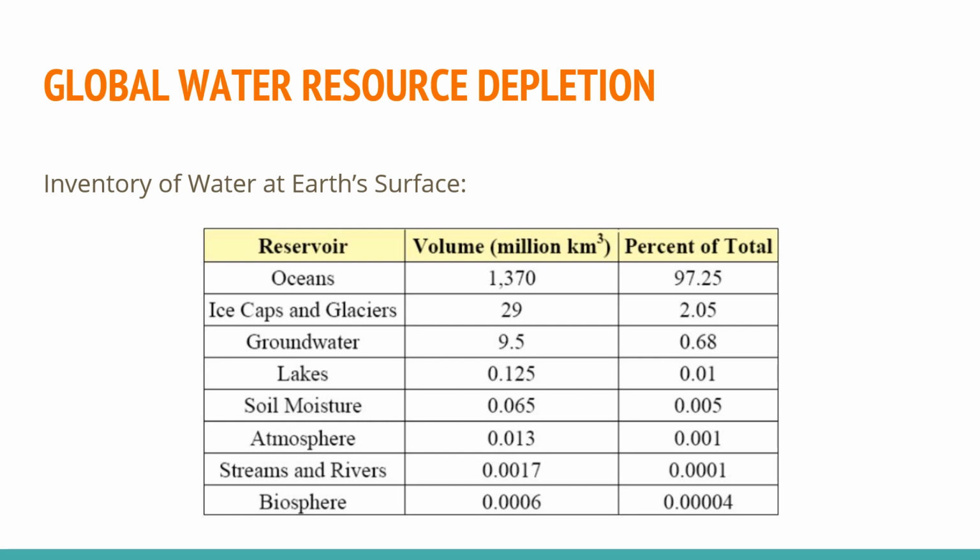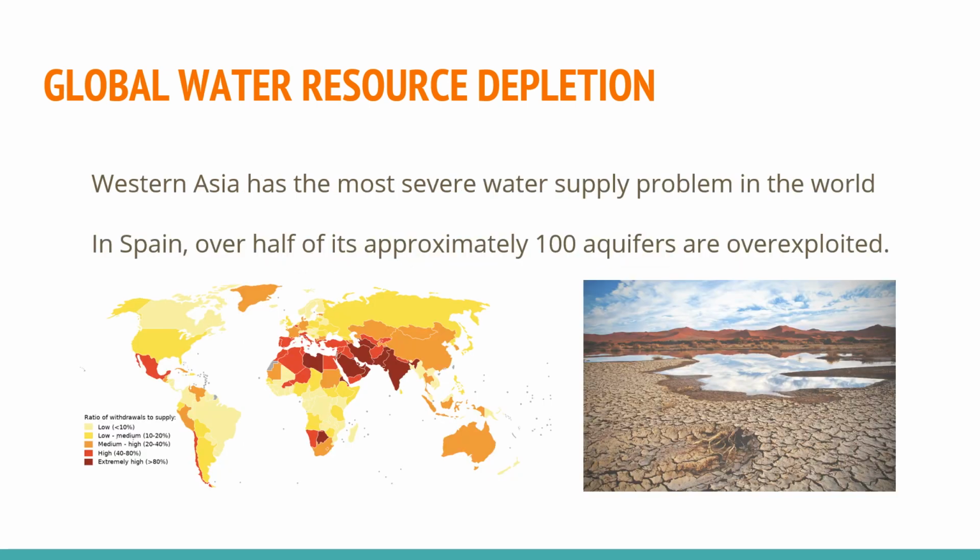That clean potable drinking water, the water that we can actually use without excessive filtration, only accounts for about 2.75%. And unfortunately, for certain climates and areas that don't have access to a lot of that potable water, we see aquifers overexploited, dried up, and people lacking nature's most vital resource.